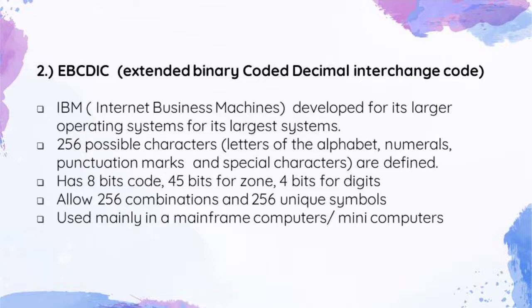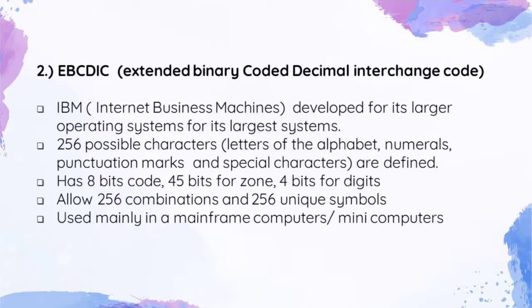They developed it for the company's systems or larger systems. Because again, this EBCDIC coding system is mainly used in mainframe computers, or large computers, that could fill a whole room.